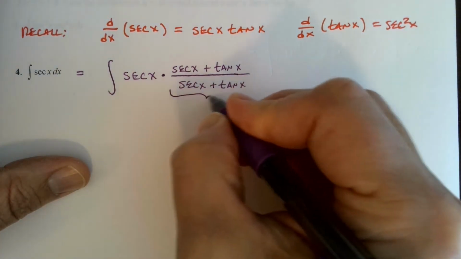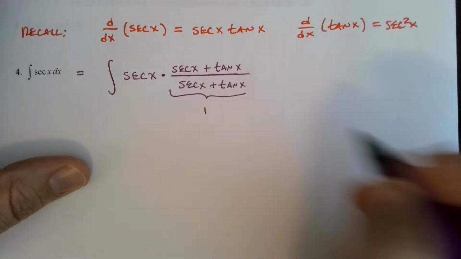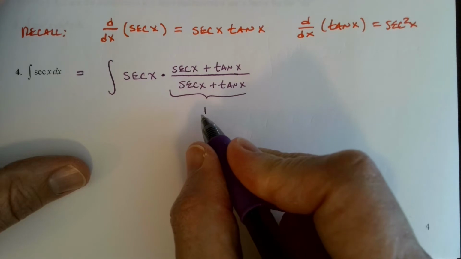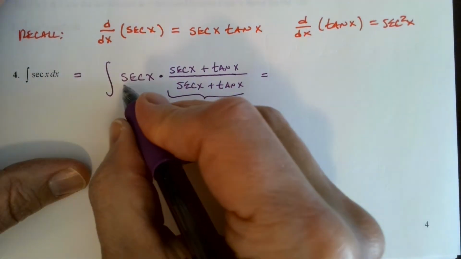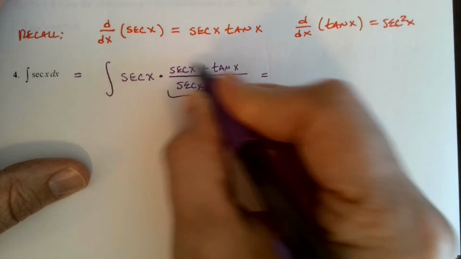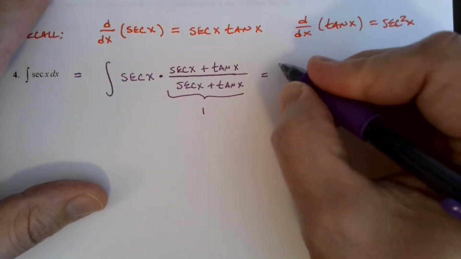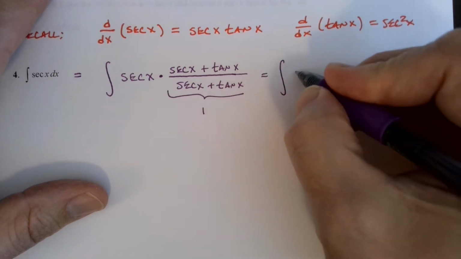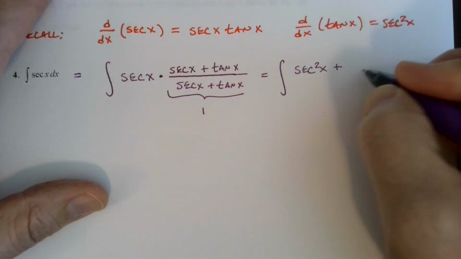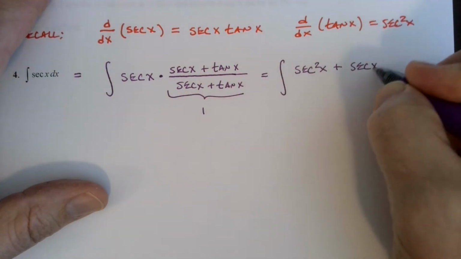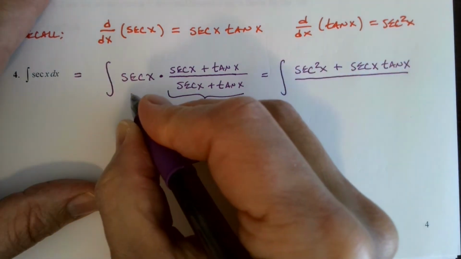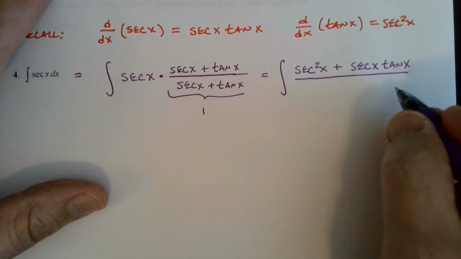This all is equal to 1, so I'm not multiplying by anything other than 1. I'm going to distribute the secant x across the top, so I get secant squared x plus secant x tangent x, over the denominator, secant x plus tangent x.